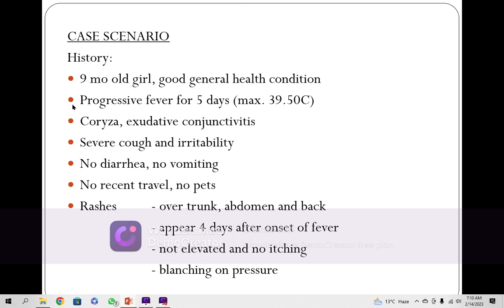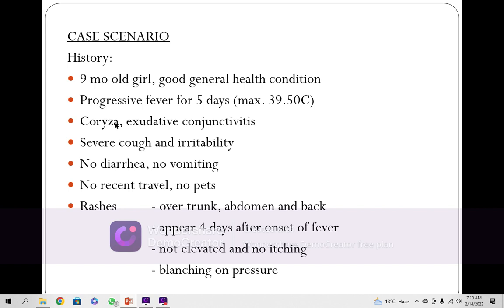The case scenario, let's see what you will get from this small discussion. A 9-month-old girl, first of all, it is an infant girl, good general health condition. There is a progressive fever for 5 days, maximum is 39.5.